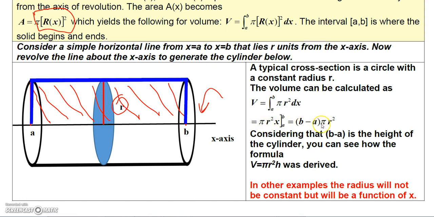And if you factor the pi r squared out, you get b minus a times pi r squared. Now, just remember, b minus a is actually the height, if you look at this as a vertical cylinder. So remember that the actual volume of a cylinder is pi r squared times its height. And that's what we got there, pi r squared times b minus a, which is the height. So that jives with what we already knew about the volume of a cylinder.